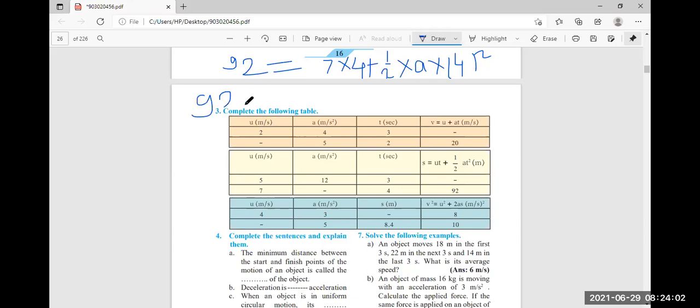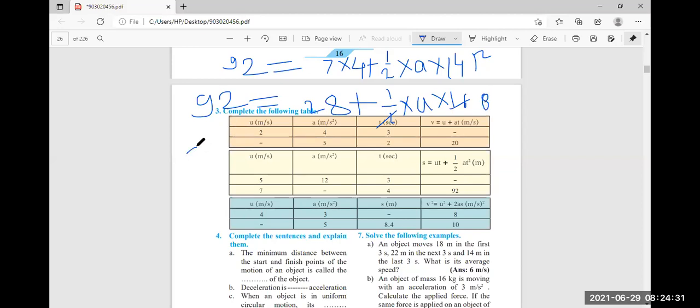Somebody's voice is coming to me, mute yourself. 7 fours are 28. Now 1/2, now A as it is. 4 square is 16. 2 eights are 16.